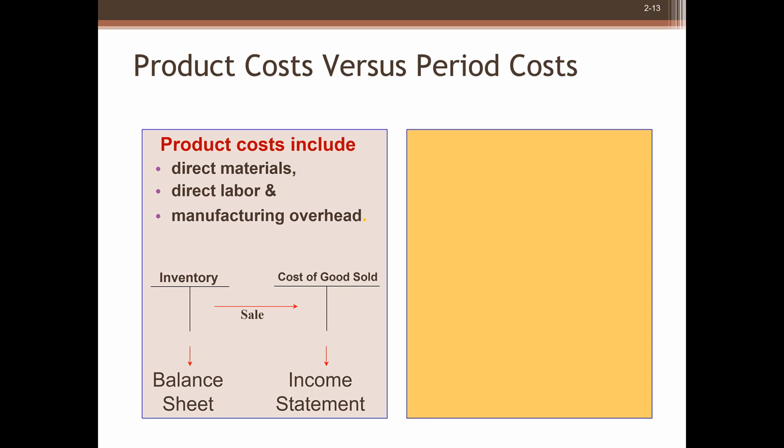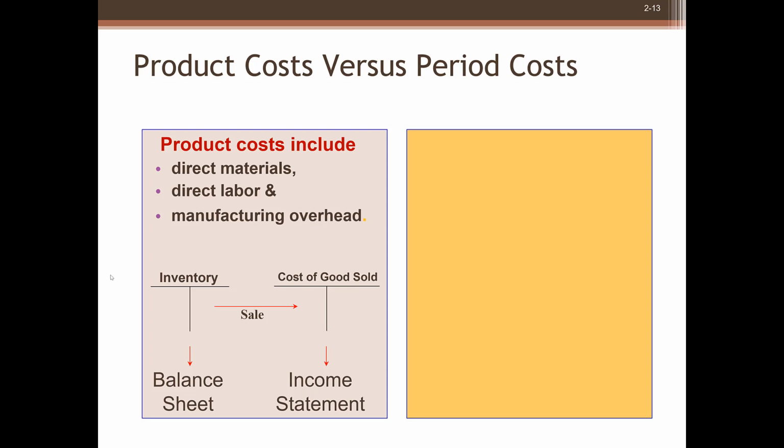Do you remember the matching principle learned in financial accounting? Matching principle means expenses follow revenues. Expenses should be recognized in the same period as revenues. So here, product costs in the beginning will be recognized as assets. When the products are sold, product costs will be recognized as expenses.